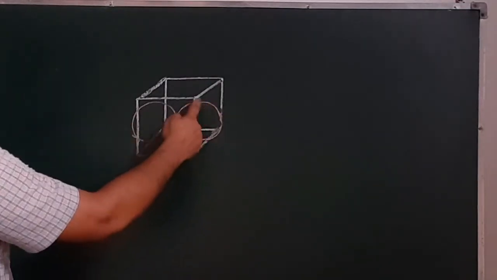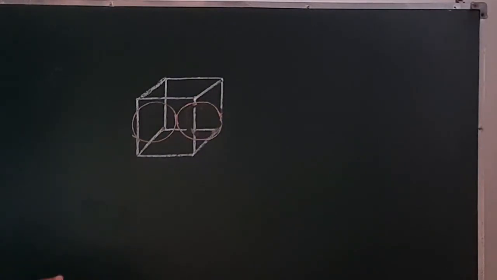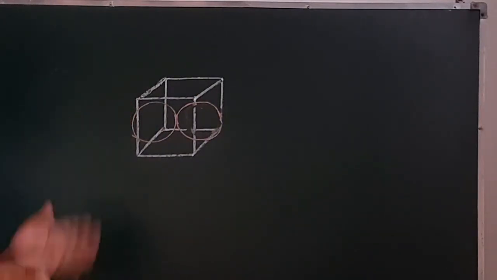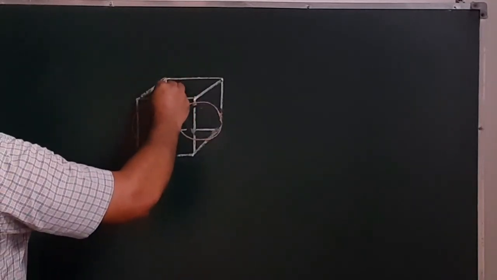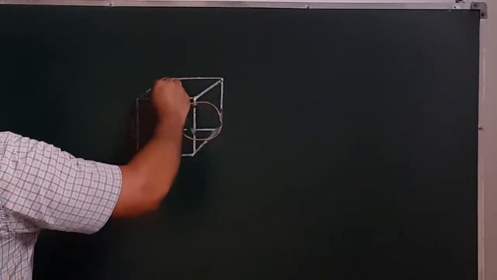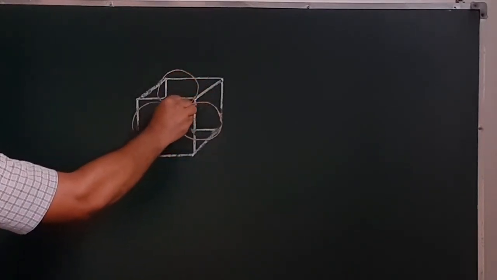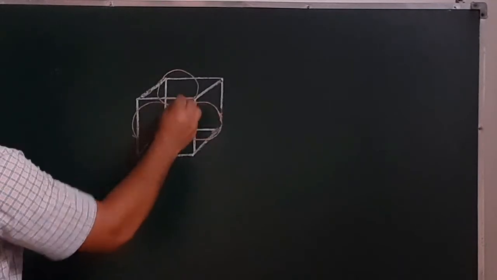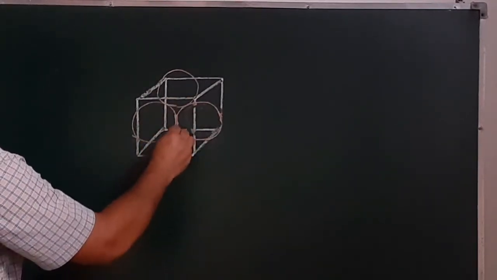This constituent particle is present at this face and this constituent particle is present at this face. One constituent particle will be from the upside face, and one constituent particle will be from the downside face.